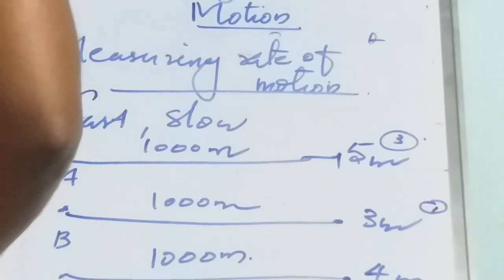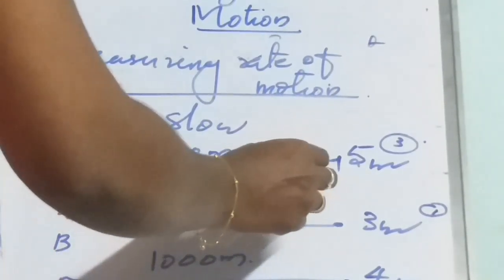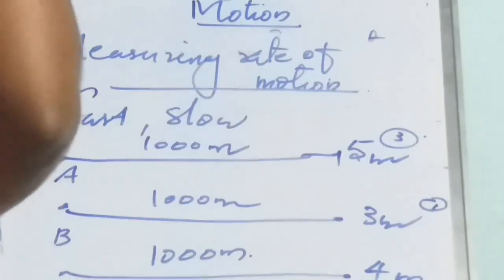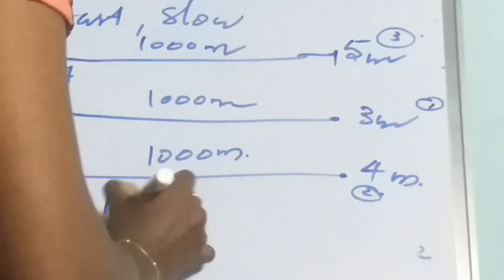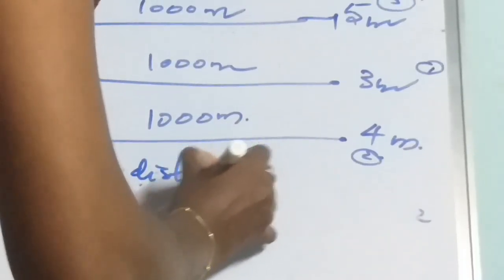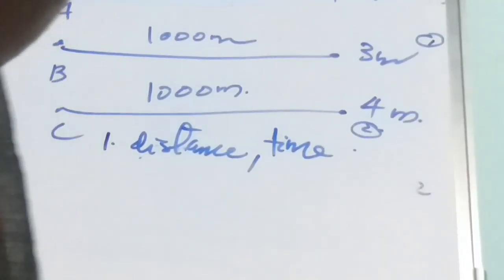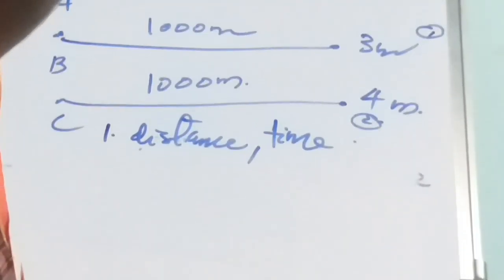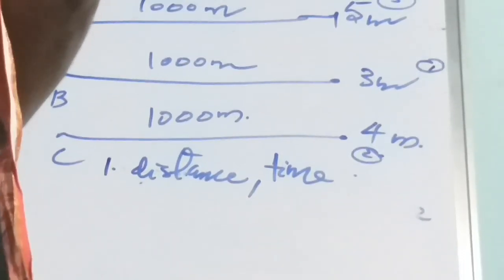The rate of motion mainly depends on the distance traveled and the time taken to cover the distance.